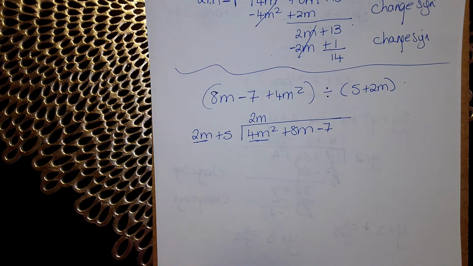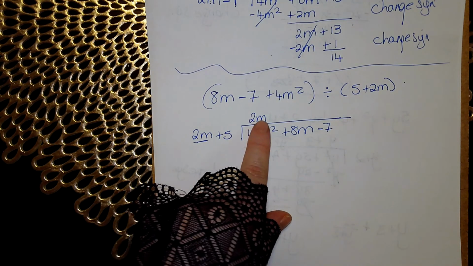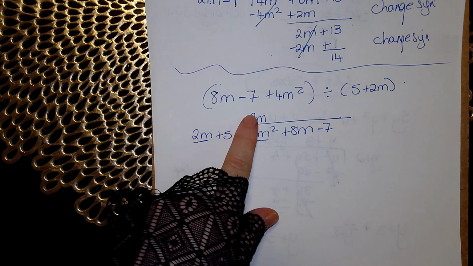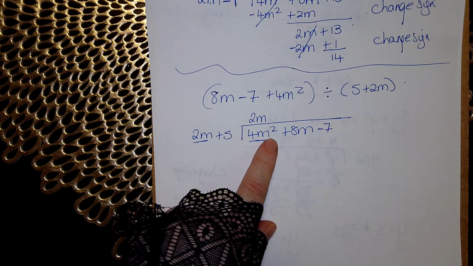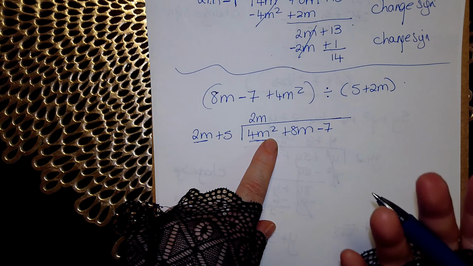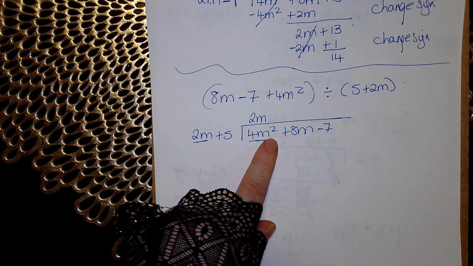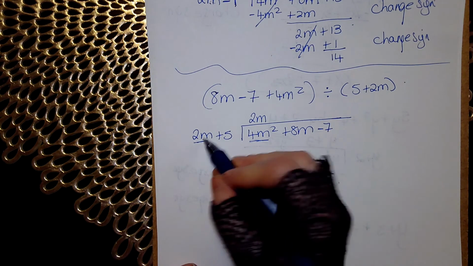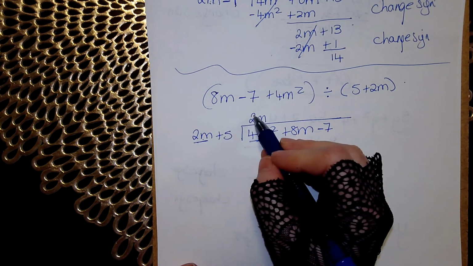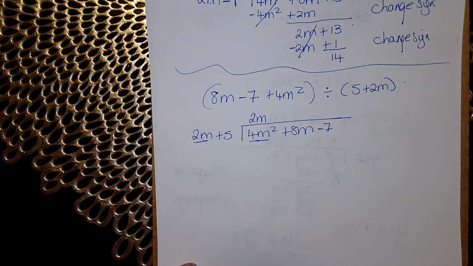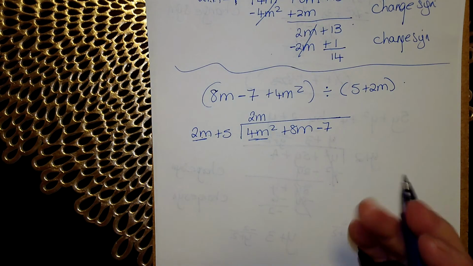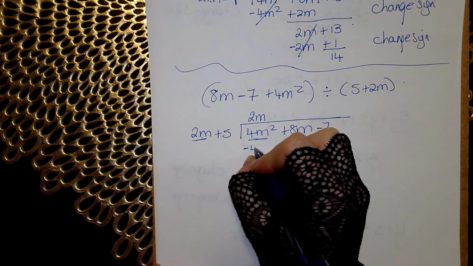And the way you check if this is correct is you multiply these two together, and if you get the first term here, you are correct. And then obviously you change your sign because it won't cancel otherwise. So 2m times 2m, so 2 times 2 is 4, and m times m is m squared, so it is correct. And I change the sign to negative 4m squared.